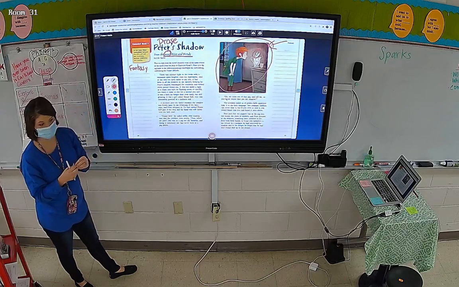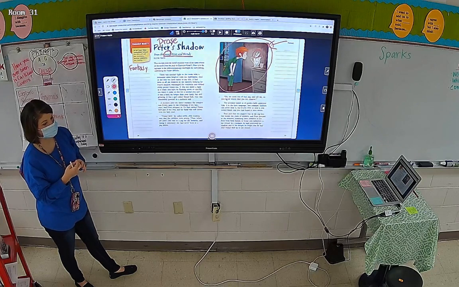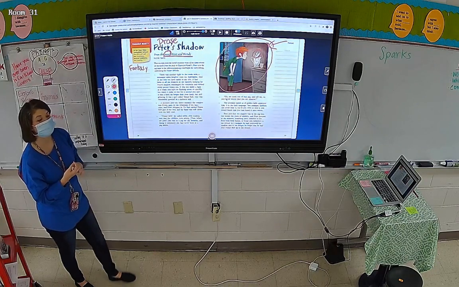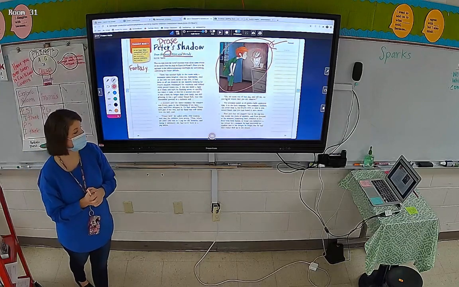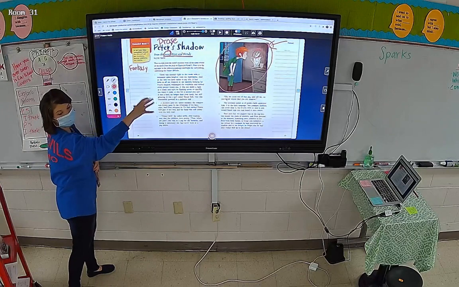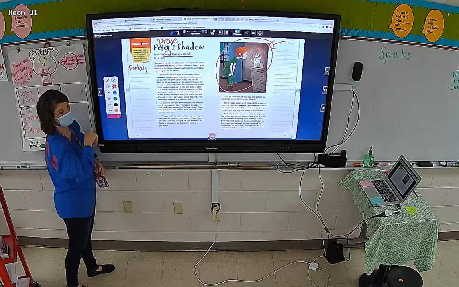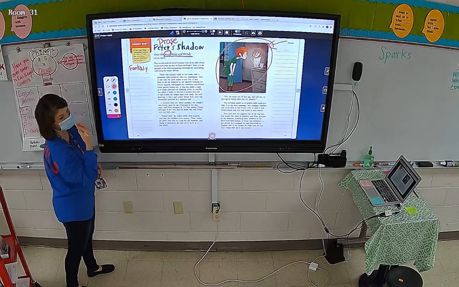Rylan, pay attention, please. Jose? It's like whenever you're in a play, you have these little scrapbooks so you can know what to say. Yes, the script. You have a script. Okay, so this is a story that's going to be very similar to what you read last week because it's got the same characters, we're talking about the same things.